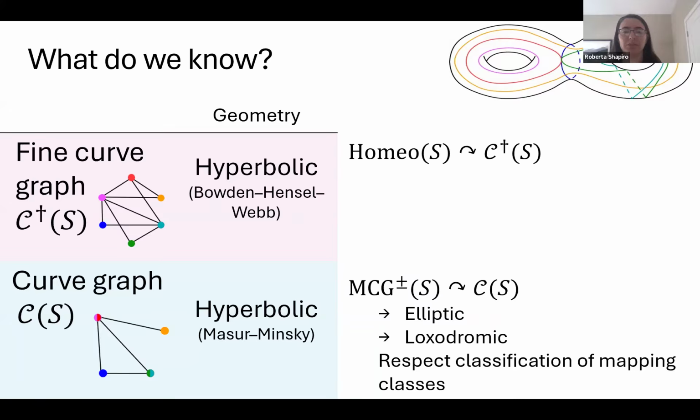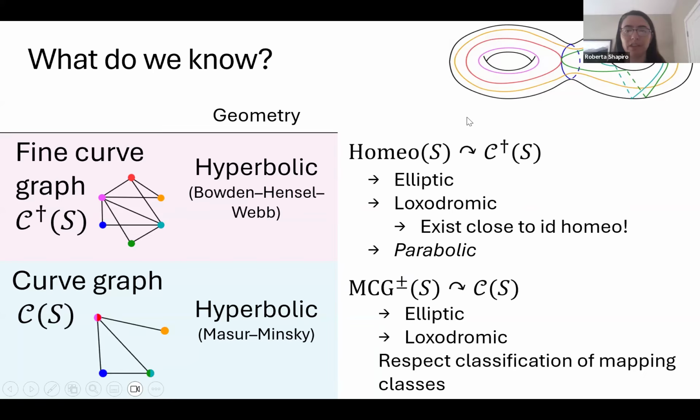So with that in mind, we can ask, all right, what do we know about how the homeomorphism group acts on the fine curve graph? Well, there are still elliptic actions. So in particular, if you have something of finite order or the identity, that's not going to take things very far.